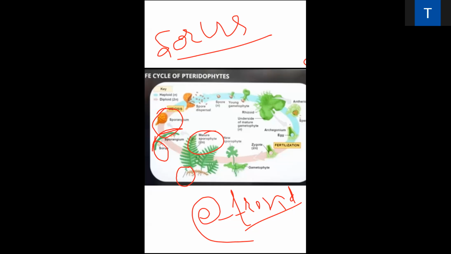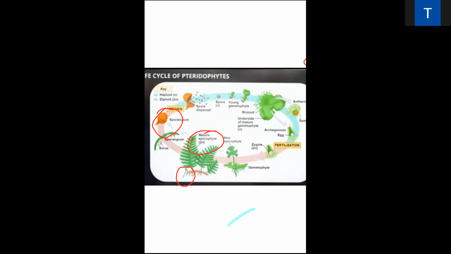They have a covering also. When spores have a covering, this is very important. From the NEET point of view, we may call the covering of the sorus the indusium.